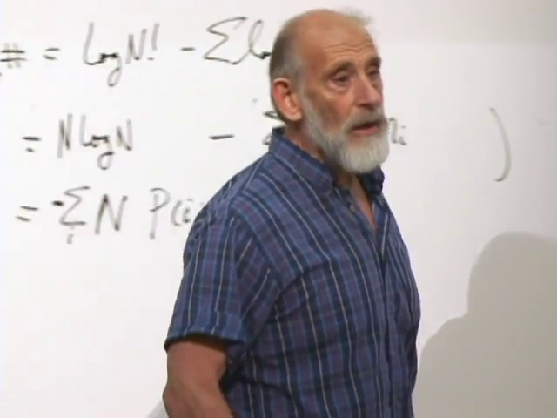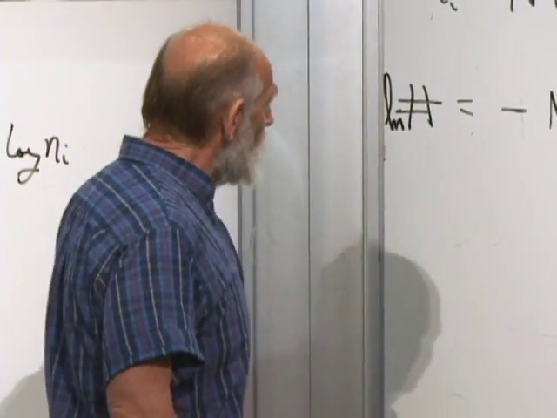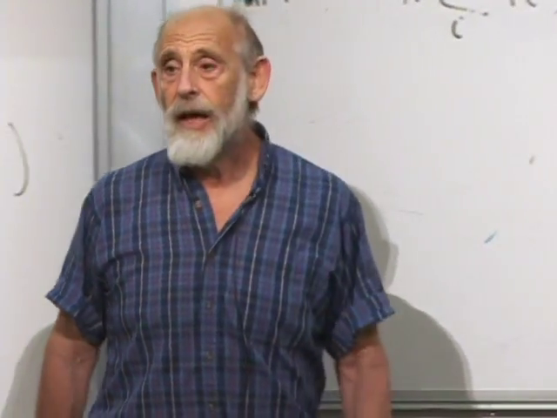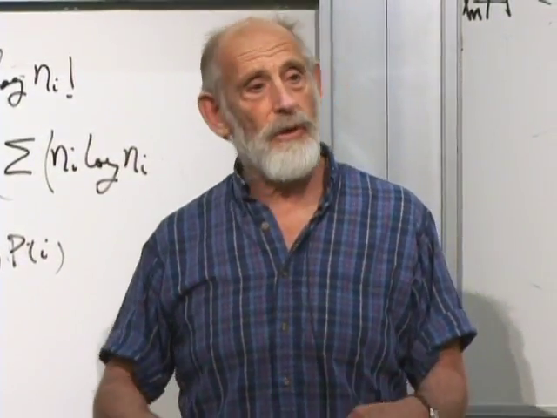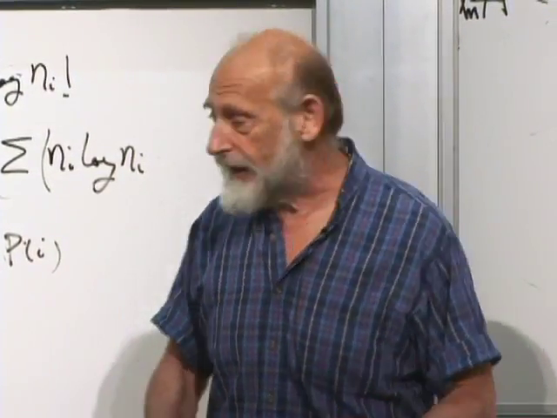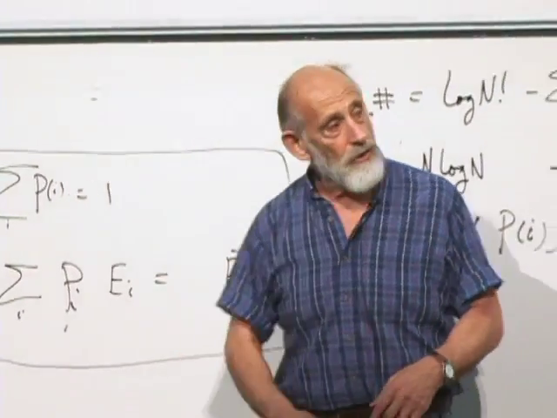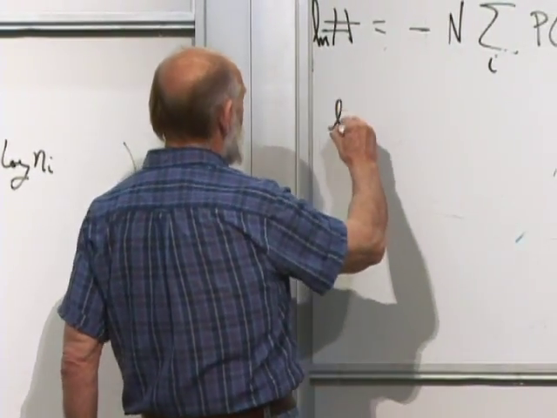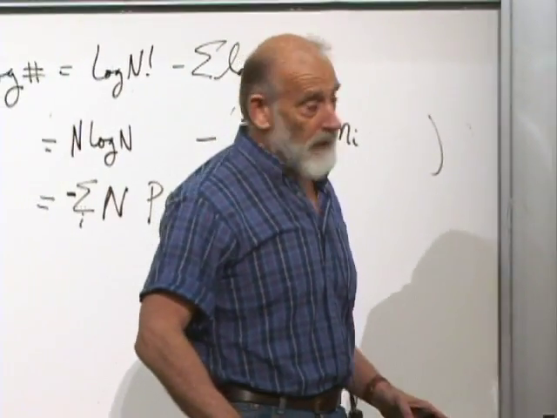How do we do that? Well, the answer is the method of Lagrange multipliers. We add a Lagrange multiplier for each constraint, and then afterwards, we figure out what the Lagrange multipliers have to be in order to make the constraints actually satisfied. So we take this quantity, log of pound, and remember, what is it a function of?